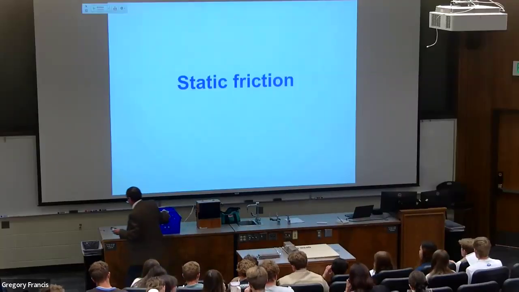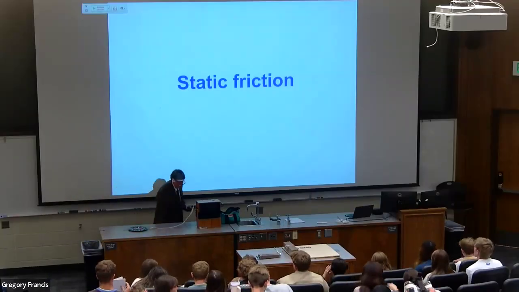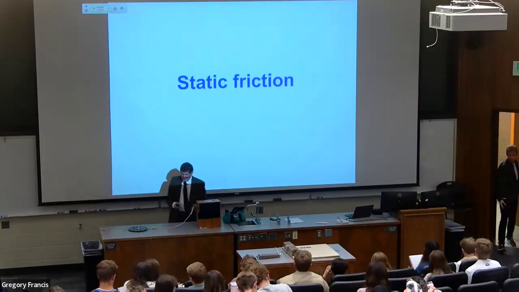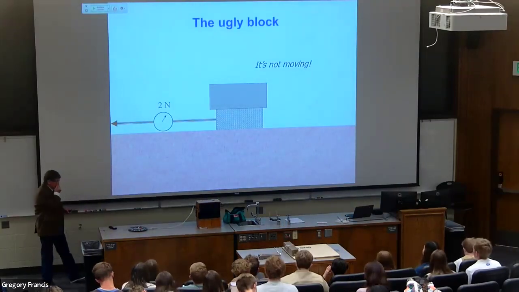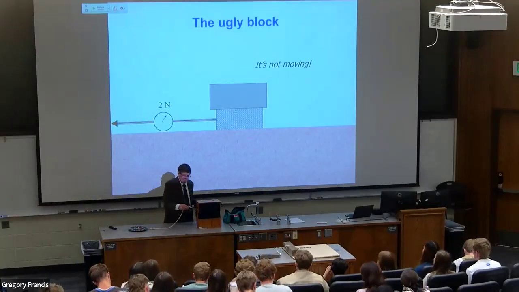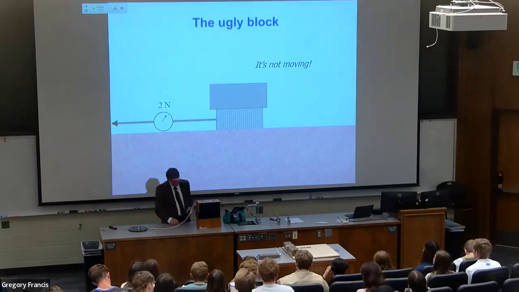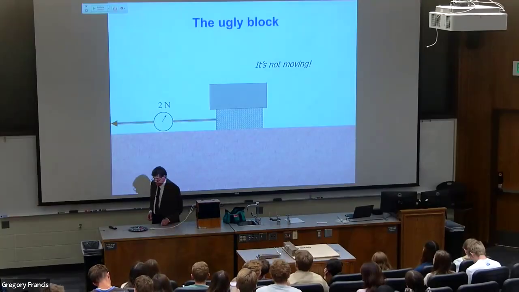Let's talk about static friction, the hard kind of friction, the confusing kind of friction. Suppose I have an ugly block. I looked for a block that had something I could tie onto, and I couldn't find anything in the demo room, so I just grabbed anything that had a handle.